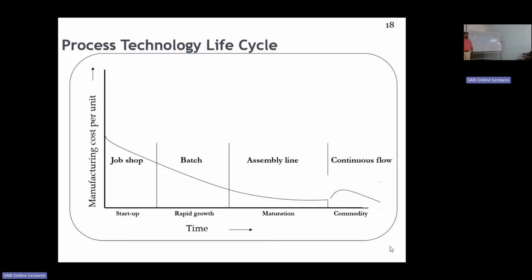Convert the production facilities into continuous flows because demand is there for a few years' time, maybe 8 to 10 to 15 years. That is, demand is declining, right? But if they can make some inventions or other changes, demand will be there for some time.